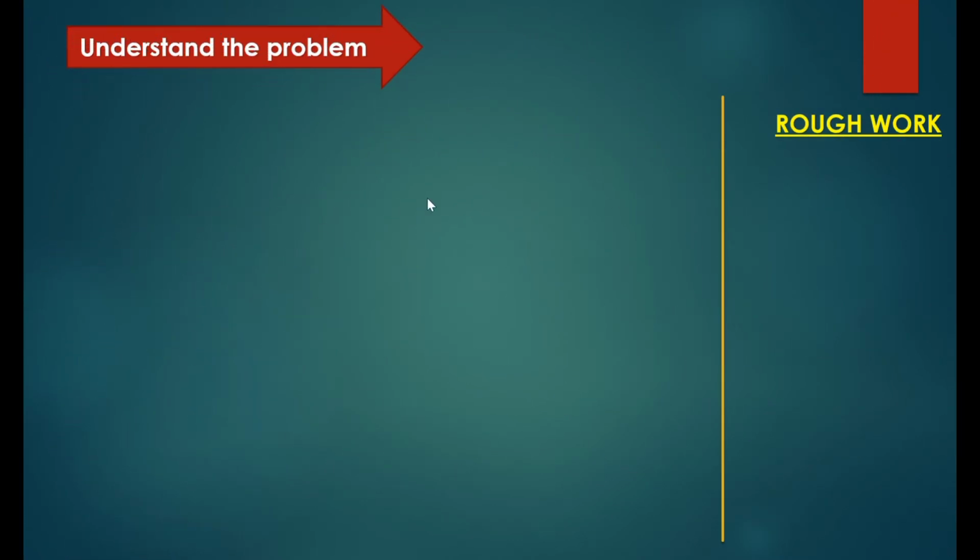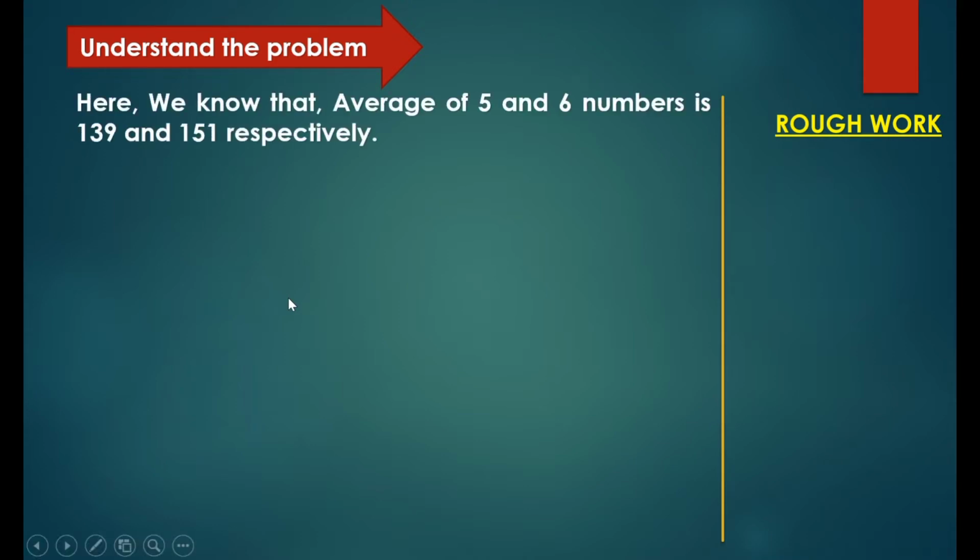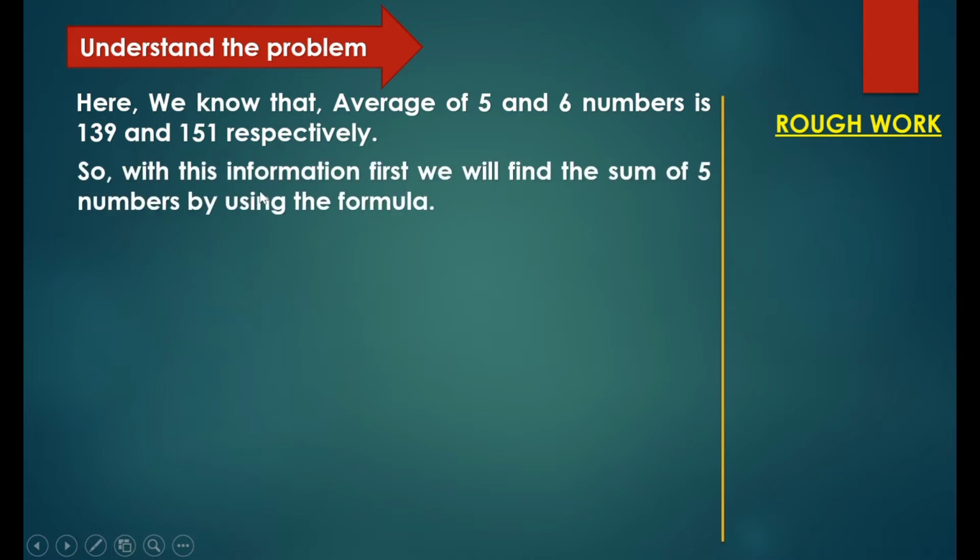Now understand the problem. Here we know that the average of 5 and 6 numbers is 139 and 151 respectively. So with this information, first we will find the sum of 5 numbers by using the formula.